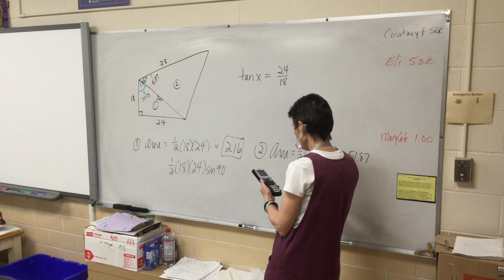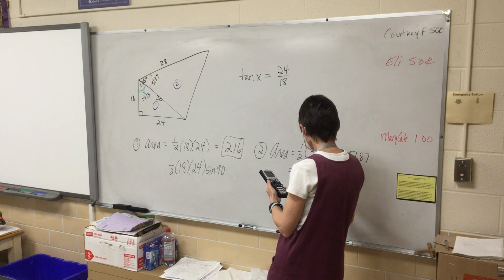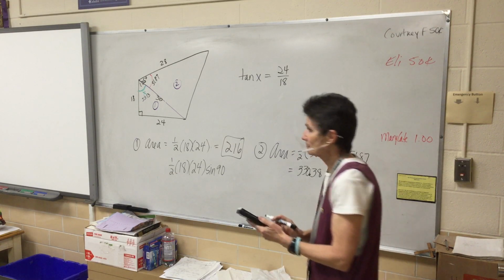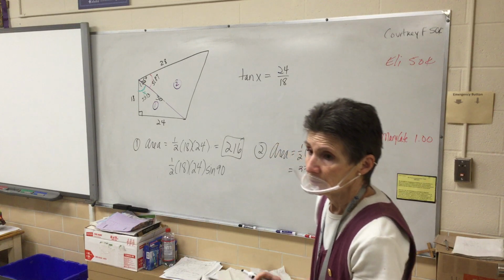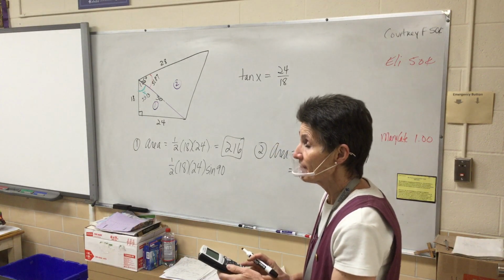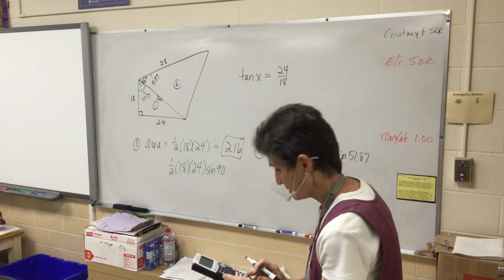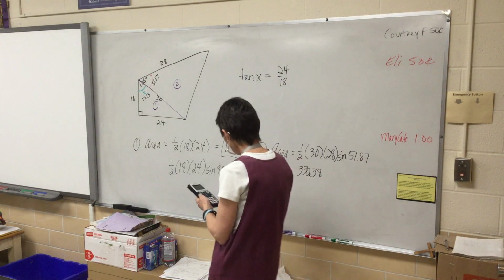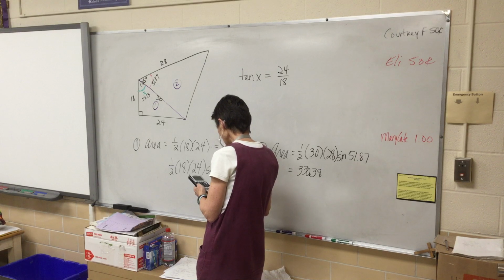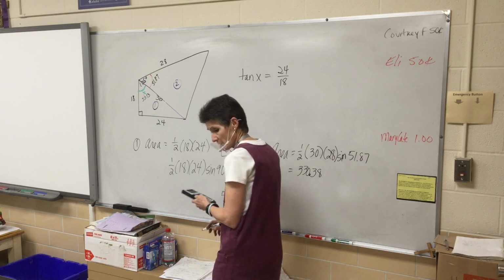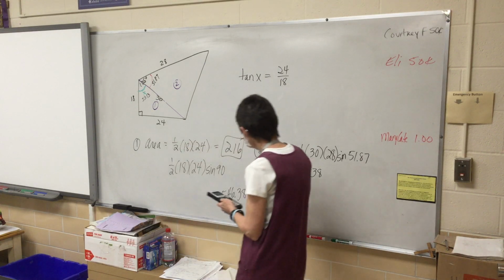I got 330.38. And then what do I do to get my final answer? We add it to the 216. So our final answer is 546.38 square feet.